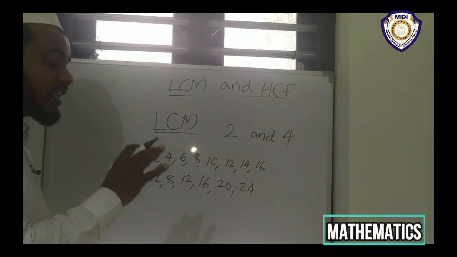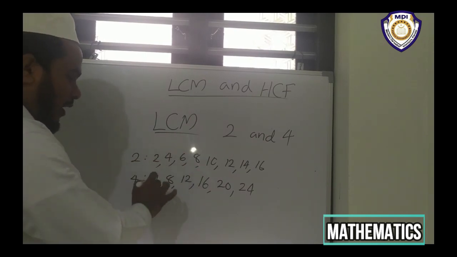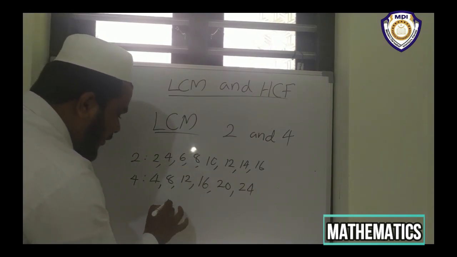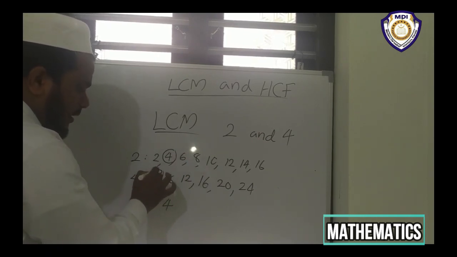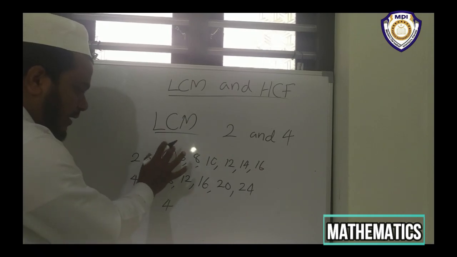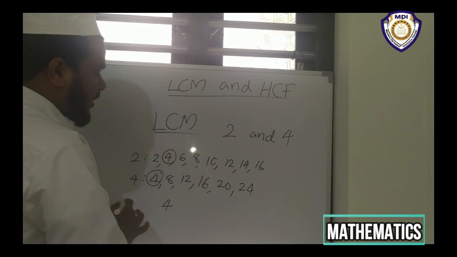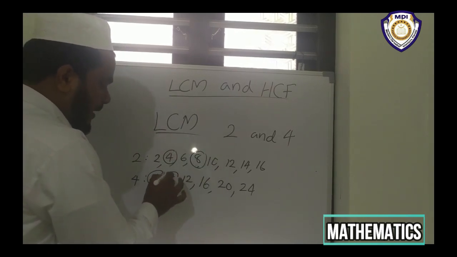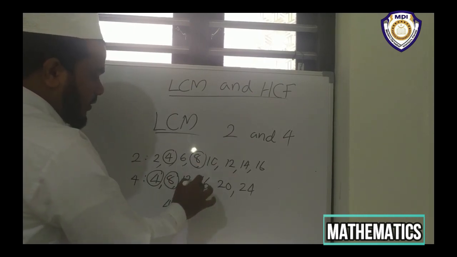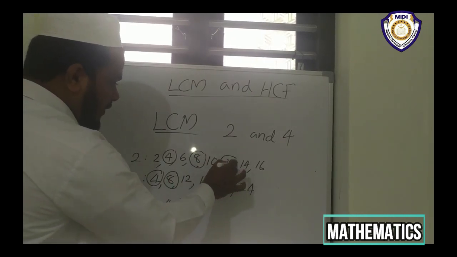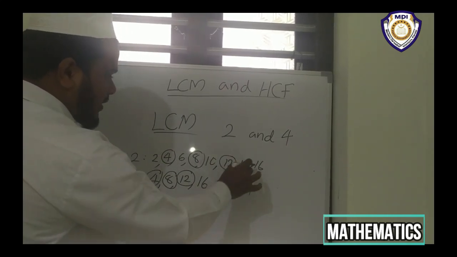These are the multiples of 2 and 4. Then we have to find out the common multiples here. 2 is not a common multiple. 4, yes, 4 is a common multiple. Common multiple means if two numbers include the same multiple, then it is a common multiple. 4 is common, 6 is not. 8, yes. 10, no. 12, yes. 14, no. 16, yes.